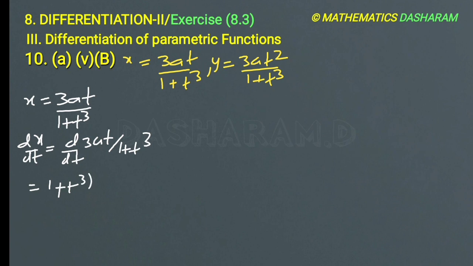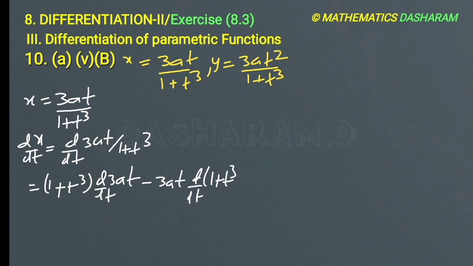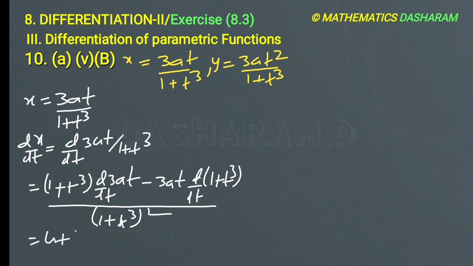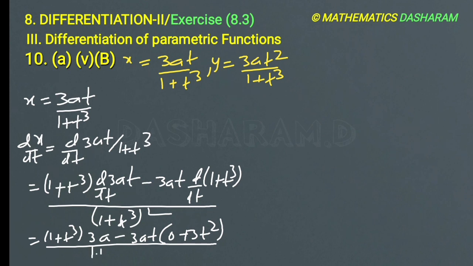So (1 + t³) into d/dt of 3at minus 3at into d/dt of (1 + t³), all divided by v², so that is (1 + t³)². Then it equals (1 + t³) into the derivative of 3at, which is 3a, minus 3at times (1 + derivative), the derivative of 1 is 0 and the t³ derivative is 3t², whole divided by (1 + t³)².